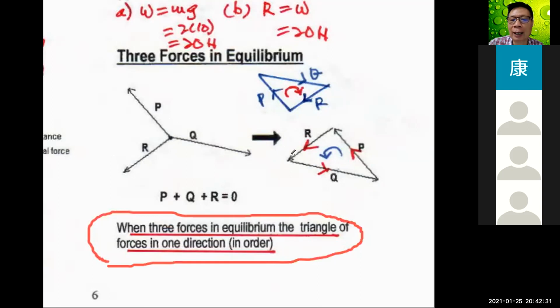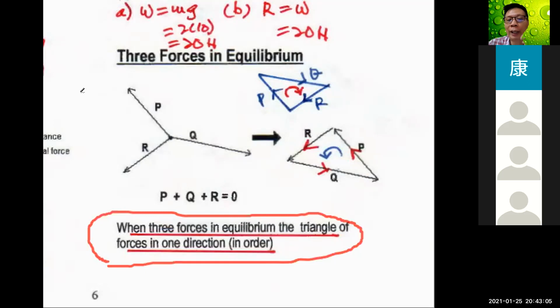So now you can see Q, P, R can be joined up to form a triangle in one direction, which is anti-clockwise. So when you can join the 3 forces up to form a triangle in one direction, it shows that the 3 forces are in equilibrium.